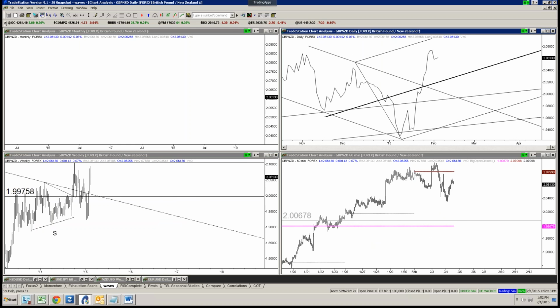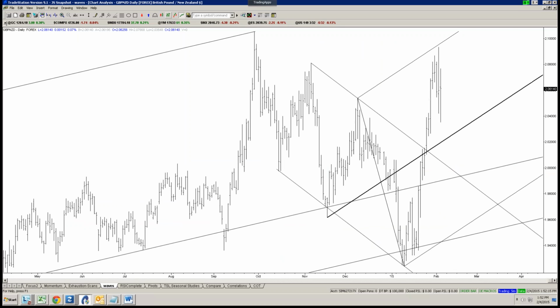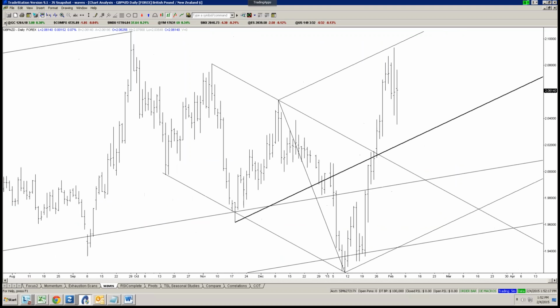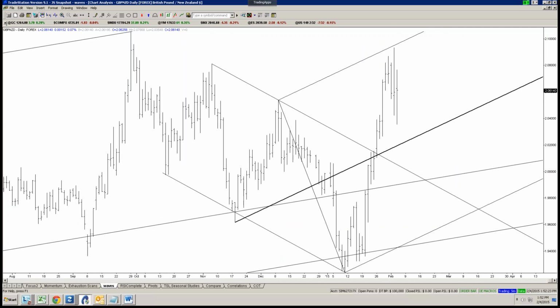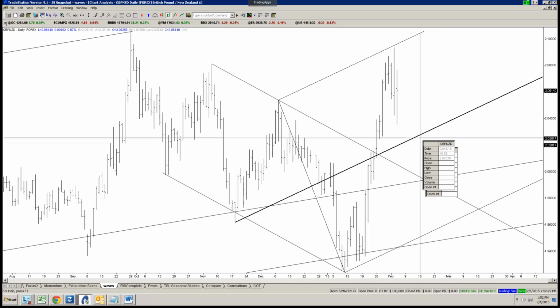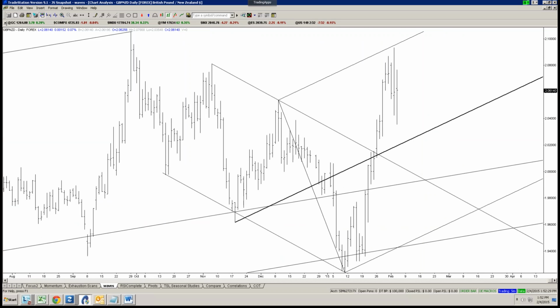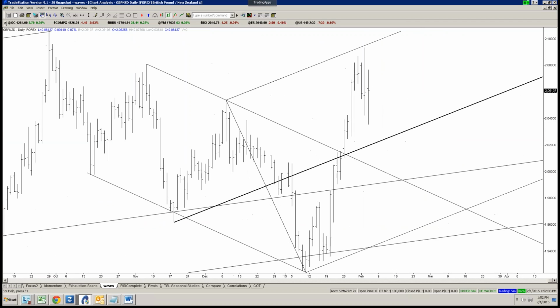And so from that perspective, a couple levels to look at for support. Obviously, one is going to be this median line, which I think you'll have a much better idea of where it is once Kiwi dollar cleans up its act and trades up into, I think, 75, 30, 50 resistance.